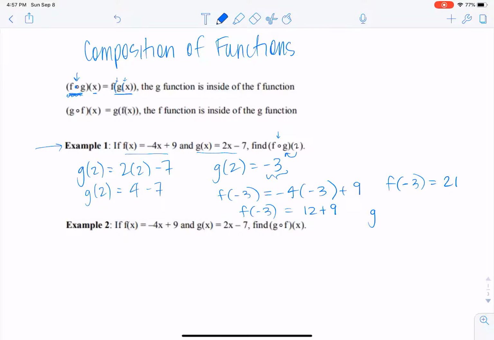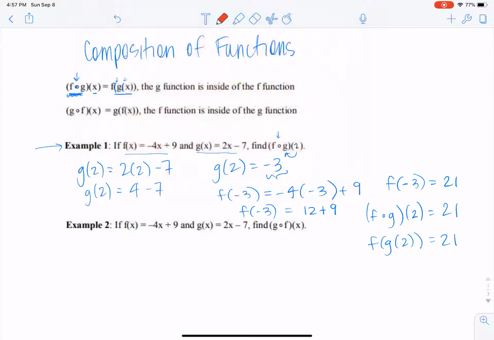So let's come back over here. We don't want a g. So f composed with g of 2 is actually going to be 21, or f of g of 2 is equal to 21.